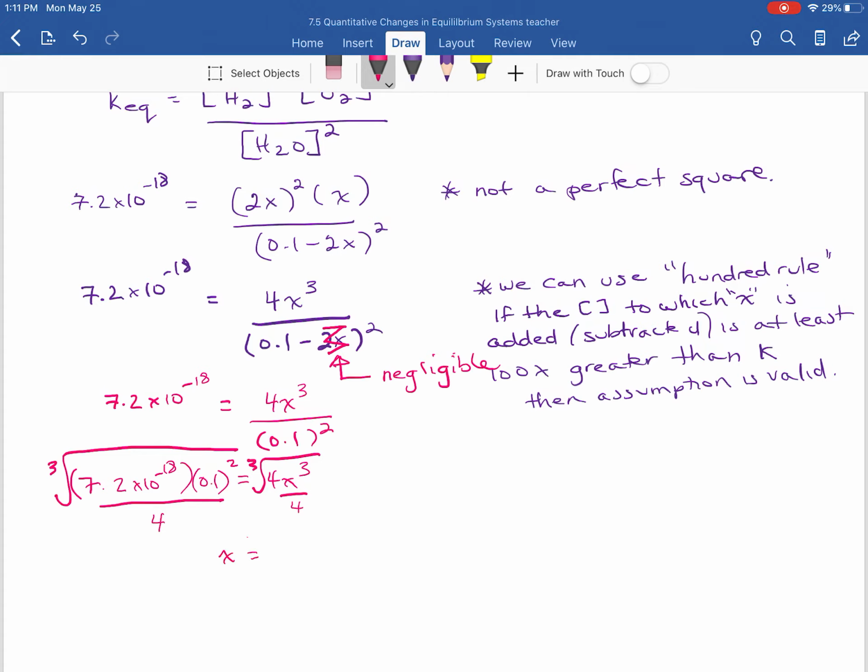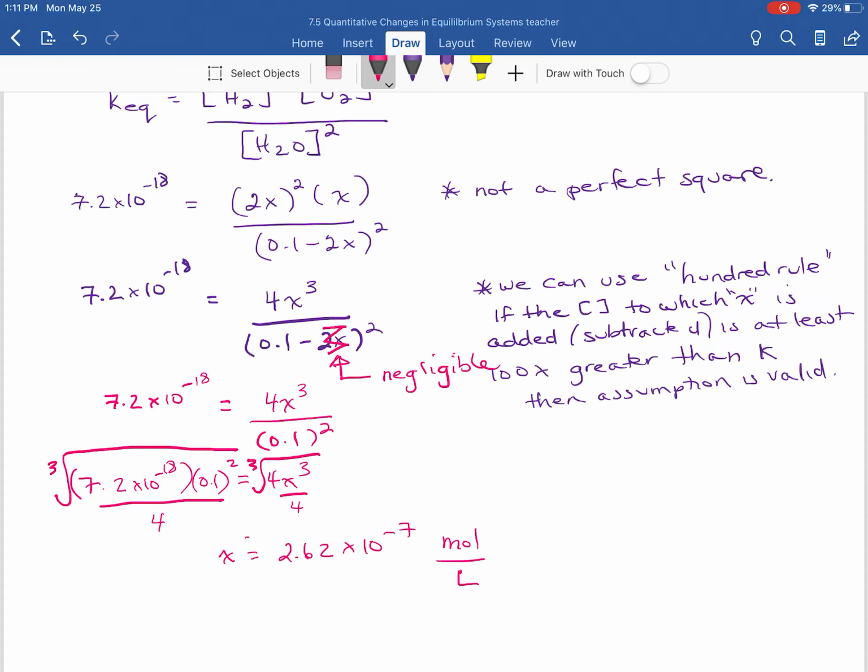Now I want you guys to try this on your calculators at home. Do not just take my word for it, because ultimately at some point in your life, you're going to have to do this math. Once I take the cube root and divide by 4, my x is 2.62 times 10 to the negative 7 moles per liter.